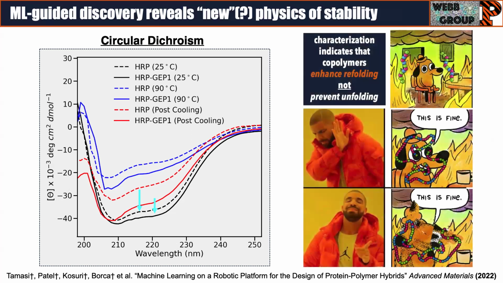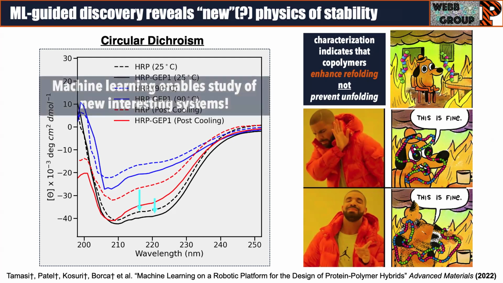So if you don't understand circular dichroism, and I don't, this is roughly the idea that things unfolded and we helped it refold. And this highlights a new possible mechanism. It was interesting that we all believed within this field that the polymers were coming in and hugging and protecting the protein, which may well happen in many circumstances, but in this case, not so.